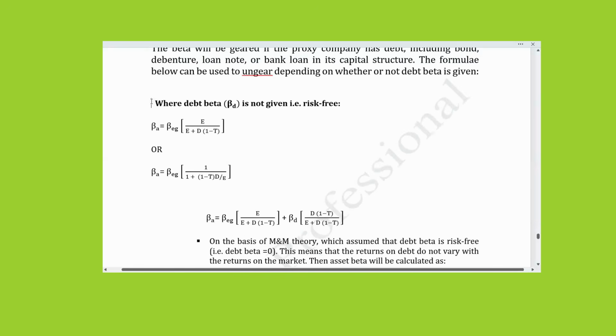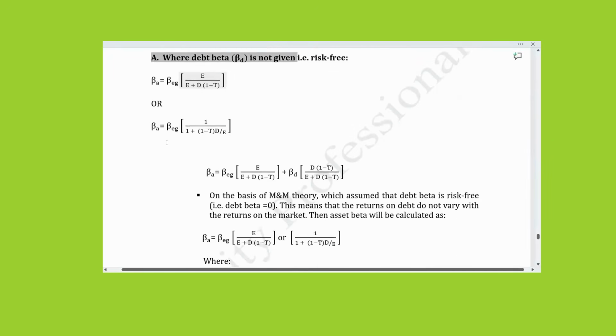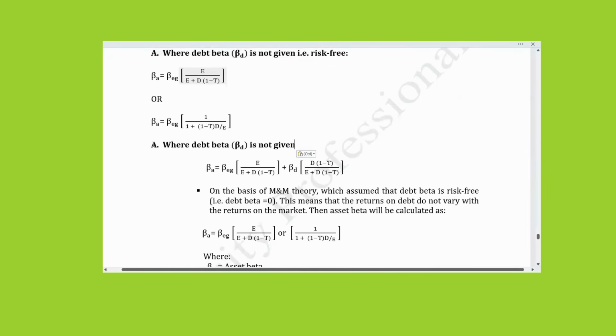The second part, number B, is where debt beta is given. So how do you calculate asset beta?